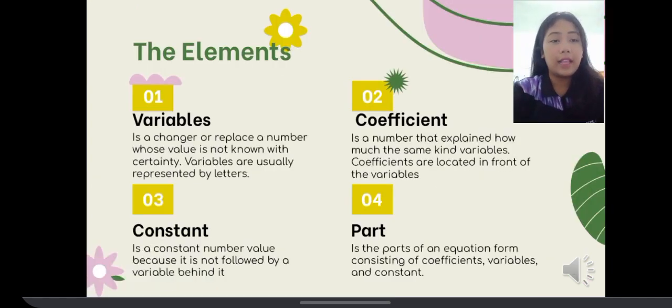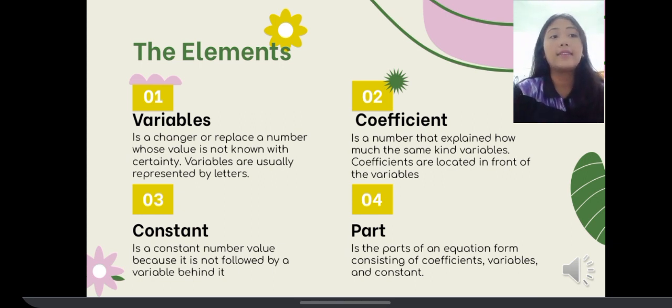In the previous slide, we talked about coefficients, variables, and constants, so what are their meanings? The first thing is variables. A variable is a changer or replacement for a number whose value is not known with certainty, and variables are usually represented by letters such as x, y, z, a, b, c, and any other letters.